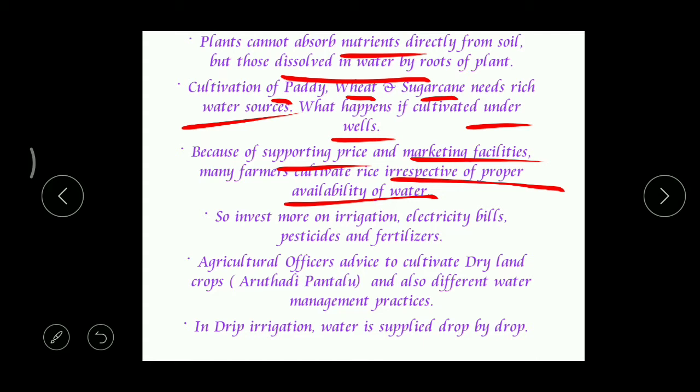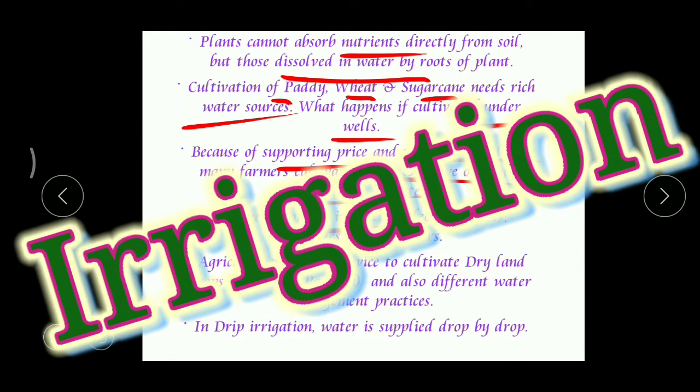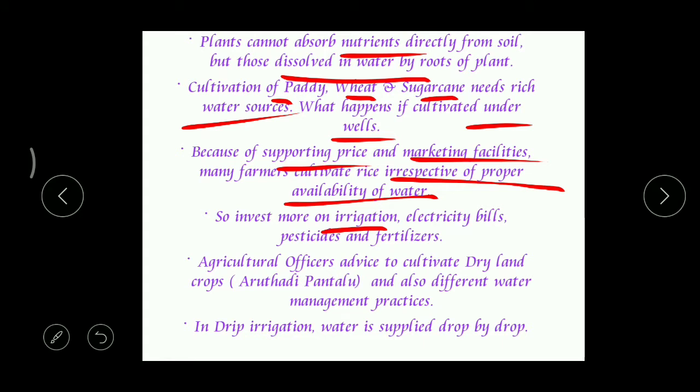Even though they don't have proper water facilities, what do they do? They go for rice. In such a case, say for example, they have only a well as the water resource. Then what happens? Ultimately they need to invest, to spend more and more money on irrigation, for motors, for pump sets, and to supply the water.